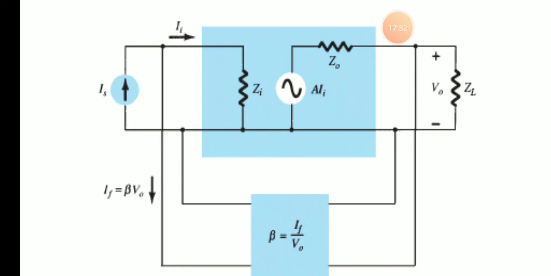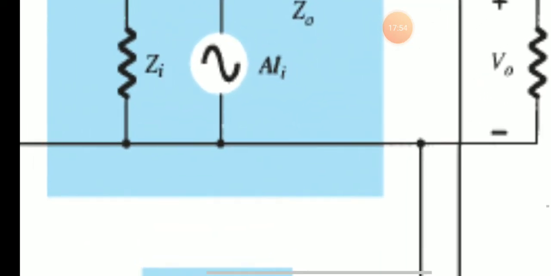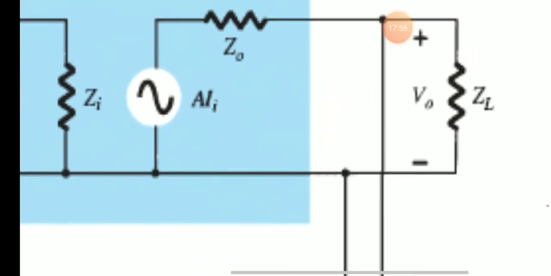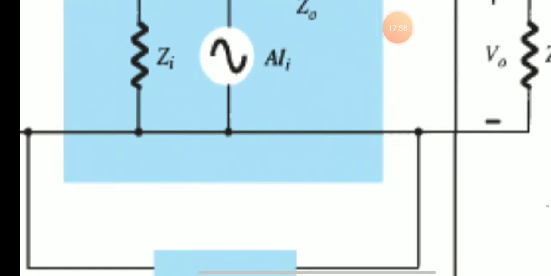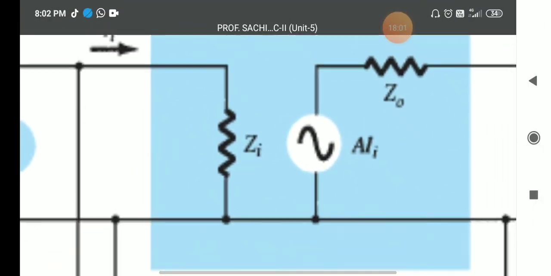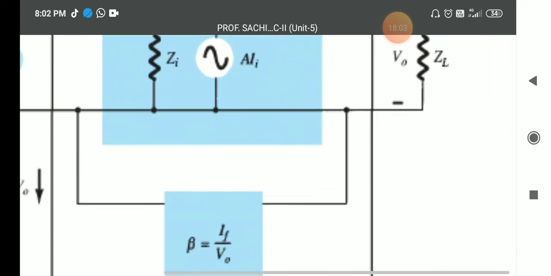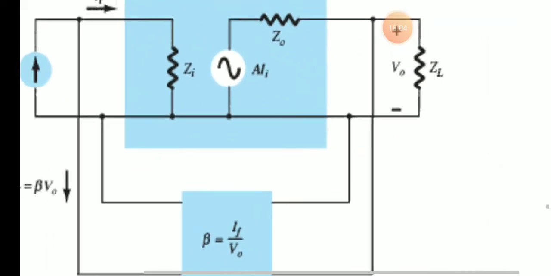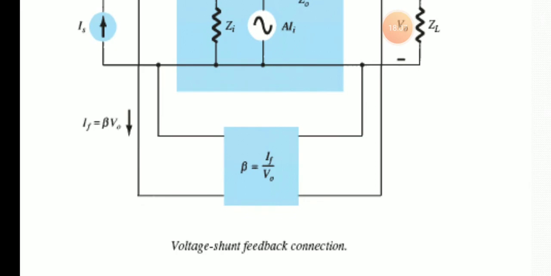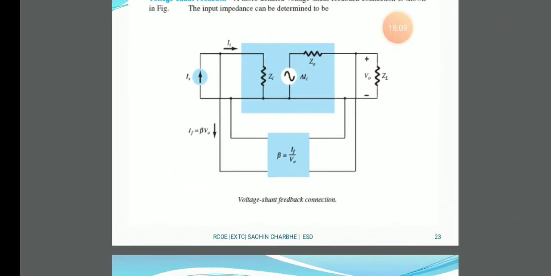Then Zi, and A times the input current. Here the output is V0, Z0, and here is Zi. Then beta can be calculated as the feedback current by the output voltage. So this is really the opposite of the series.